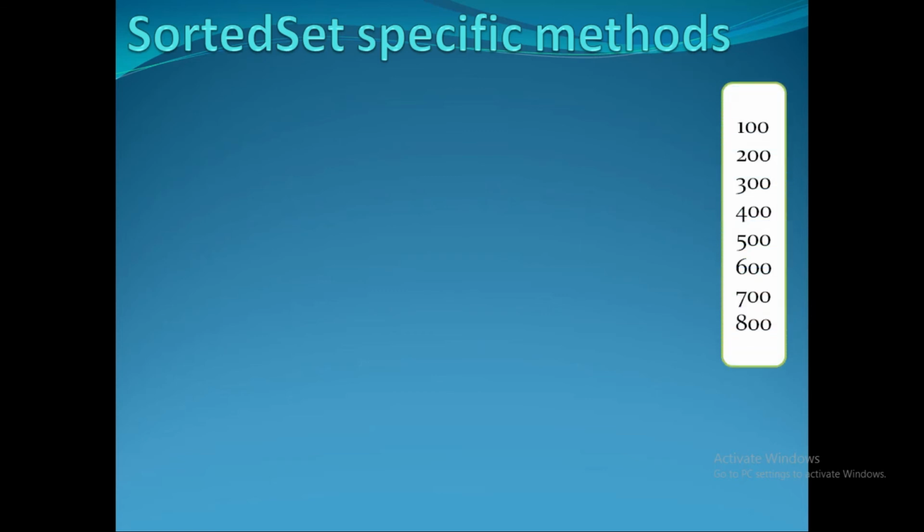Let's see. Let's consider I have this SortedSet with the elements from 100 to 800. All these elements are in sorted order by default natural sorting order, that is ascending order. The next one is the first method.